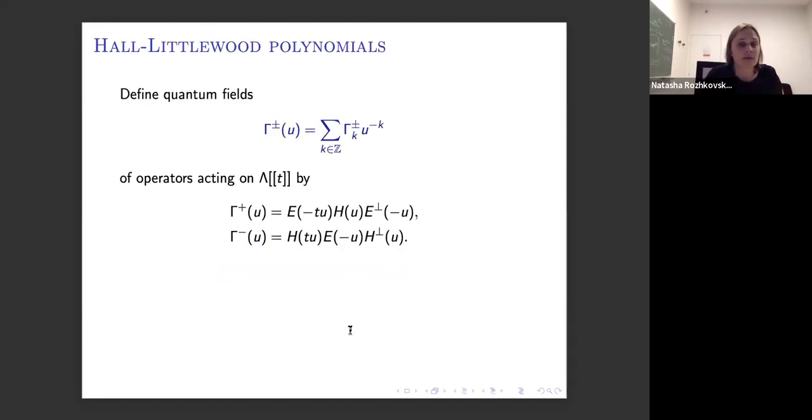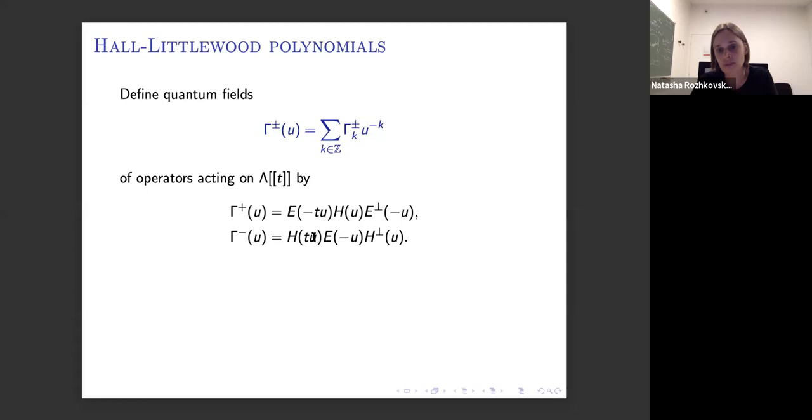Okay, and now I'm going to introduce Hall-Littlewood polynomials, and I'm going to introduce them not by the combinatorial formula, which will appear later, but also as a result of the action of quantum fields. So let us take the ones which were charged free fermions, this H and E, and also multiply by one more series with parameter T inside.